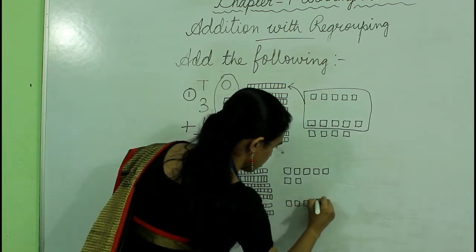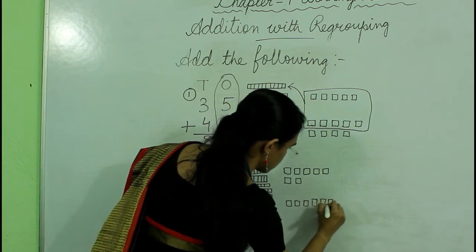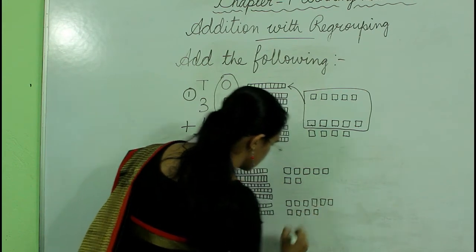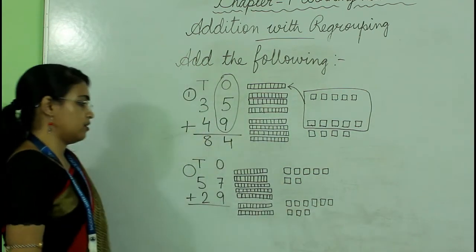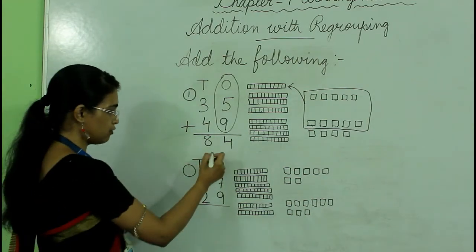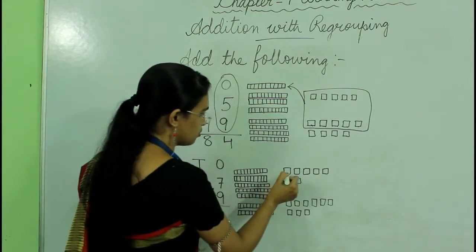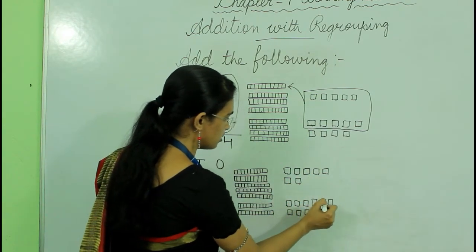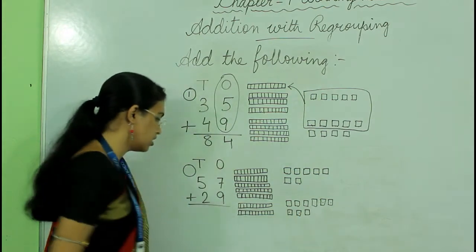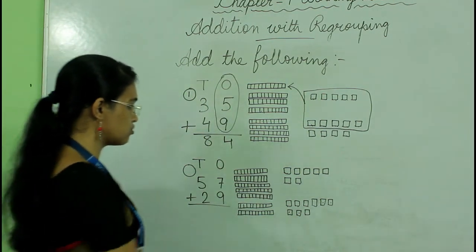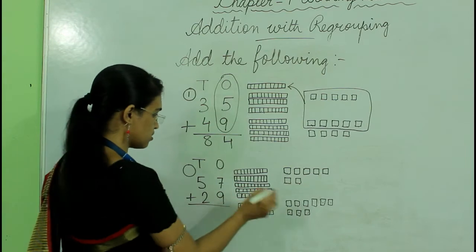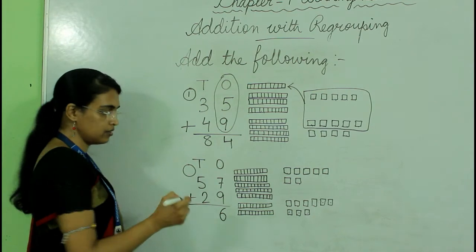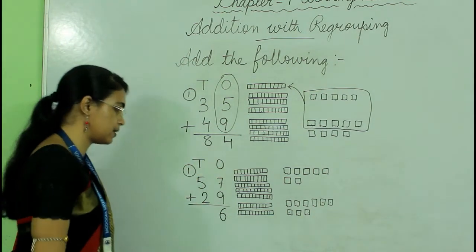Now let's count the ones: 7 and 9 make 16. So how many blocks do we have? 16. So from 16 we have to write 6 and the 1 we have to put here in tens place.